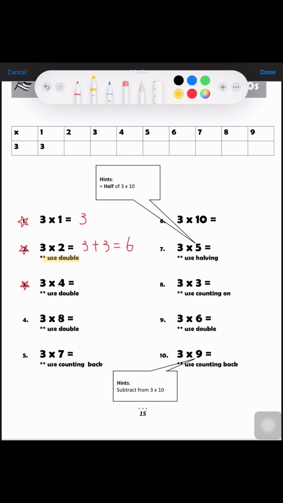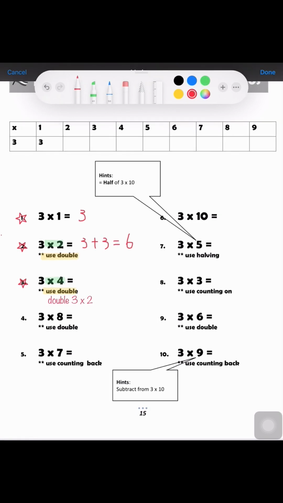And then we need to find 3 times 4. Again, we use doubling, because 4 is the double of 2. So we can double 3 times 2 to find 3 times 4. 3 times 2 is 6, so 3 times 4 is 6 plus 6, which is 12.